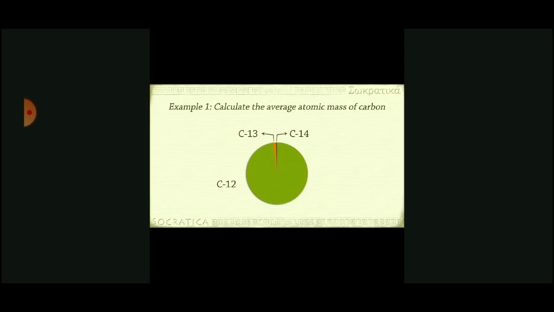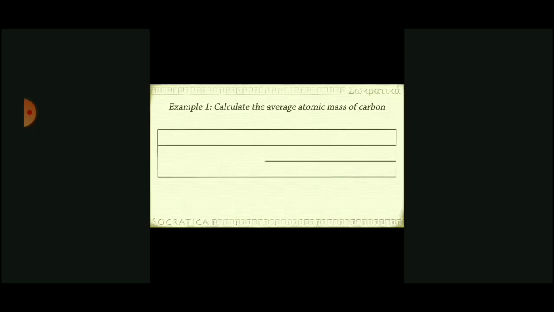Now calculate the average atomic mass of carbon. It is given in a tabular column. We have 3 isotopes, carbon 12, carbon 13, carbon 14, and their atomic masses are given in unified mass units, that is 12 U, 13 U, 14 U, and their percentage abundance is given in the table: 98.89%, 1.11%, and carbon 14 has very little, less than 0.01%.